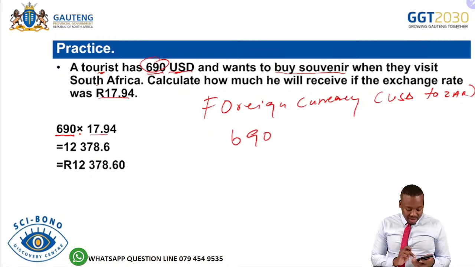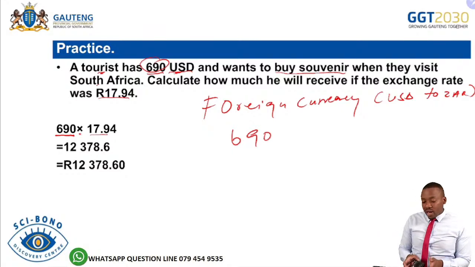So you will say 690 times 17.49. Then what do you have? $690 times 17.94. Not 49, 94.